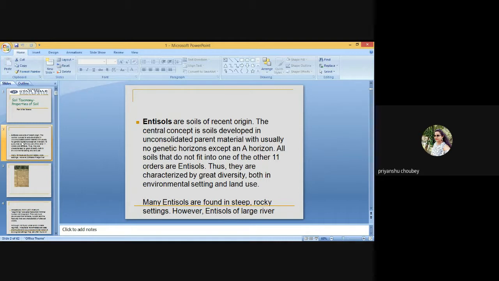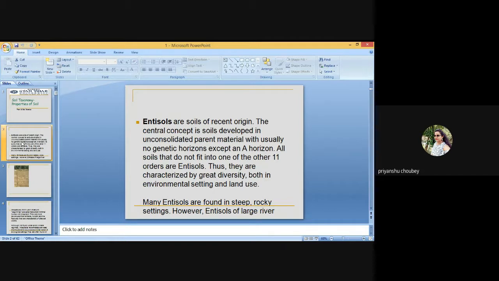The central concept is a soil developed in unconsolidated parent material with usually no genetic horizons except an A horizon. All soils that do not fit into one of the other 11 orders are Entisols.